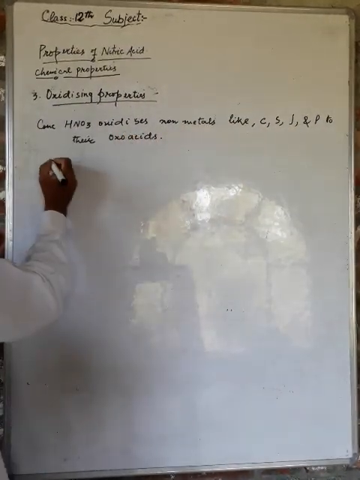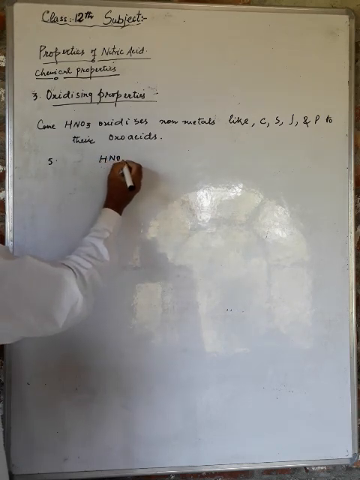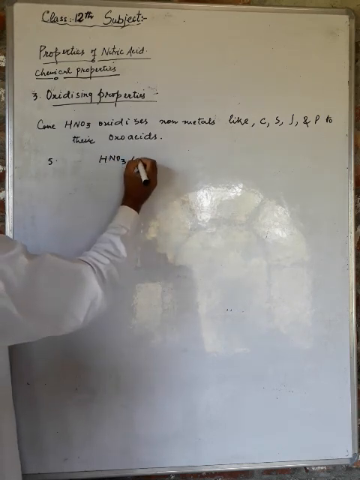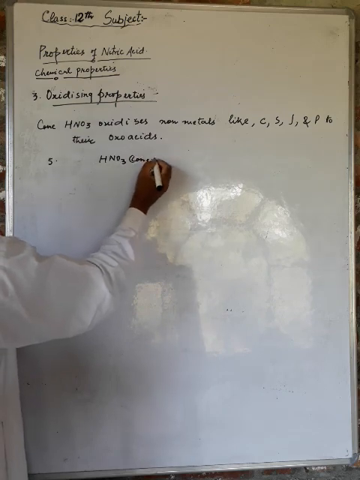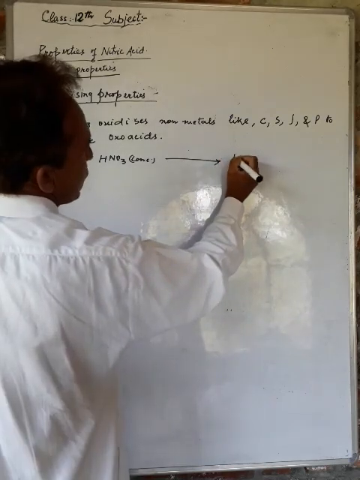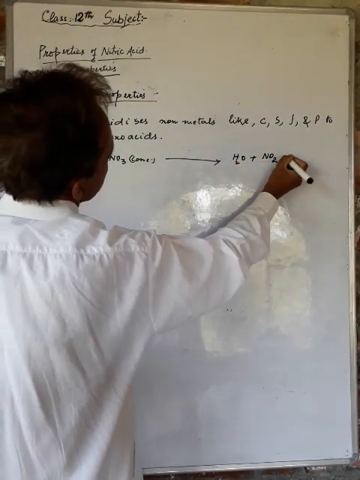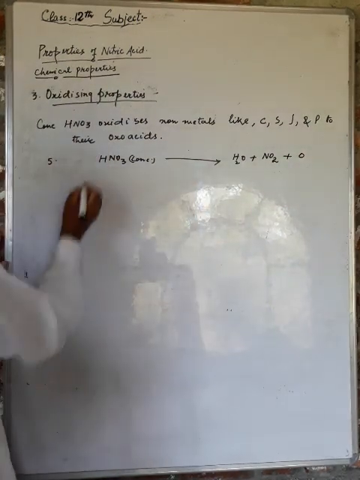Now we will take carbon. HNO3 concentrated forms H2O plus NO2 plus O, twice.